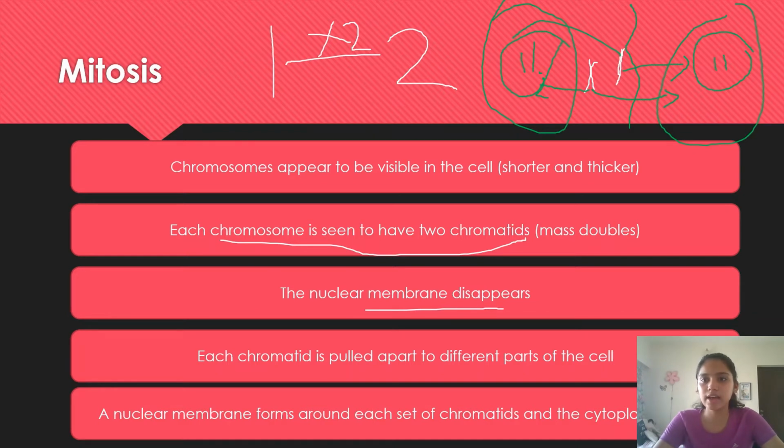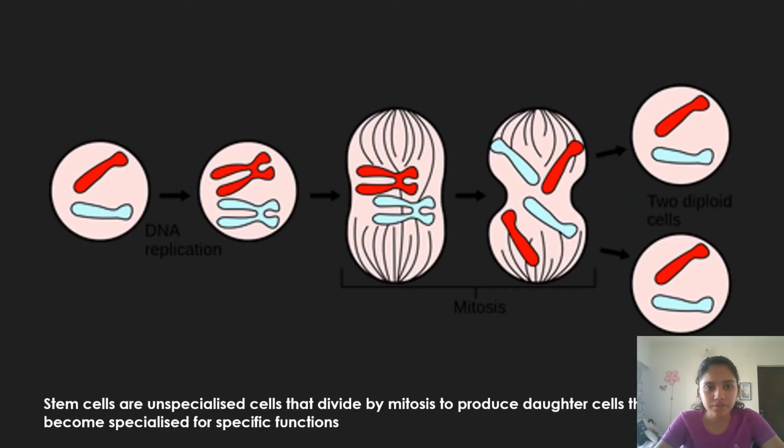So let's look at it from a diagram perspective. Here you can see you have 2 chromosomes. The 2 chromosomes then divide to form 2 chromatids, so the mass doubles. The chromatids are pulled to separate parts of the cell. So this one, I'm going to mark it yellow. This one and this one are going to go on top, as you can see here, yellow, yellow, and we'll mark the other ones in green.